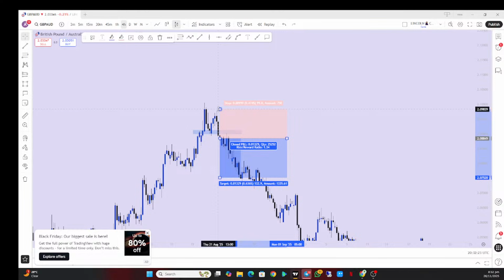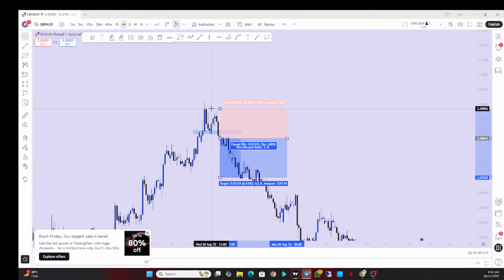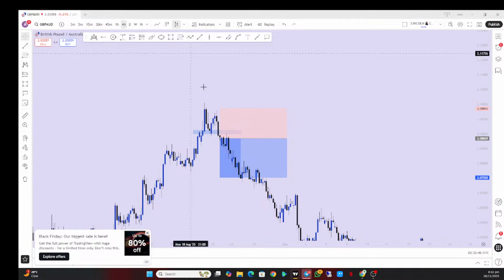That person's trade started from -1,000, -2,000, -3,000, but the person was patient enough not to close that particular trade, because he understood the reason behind the trade. He understood, this is the reason I'm entering for this sell. I'm putting my stop loss above my confirmation. The reason I'm putting my stop loss there is that if price goes beyond that particular level, my setup is invalid.